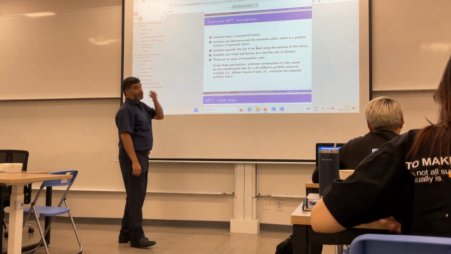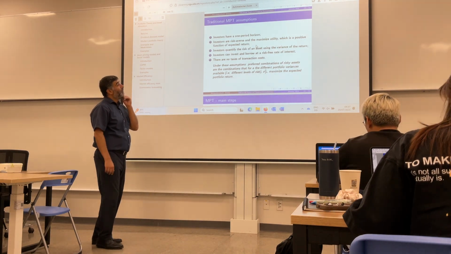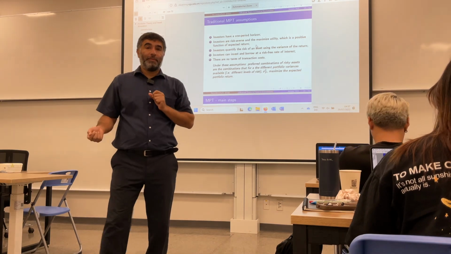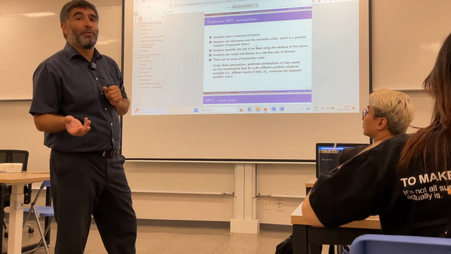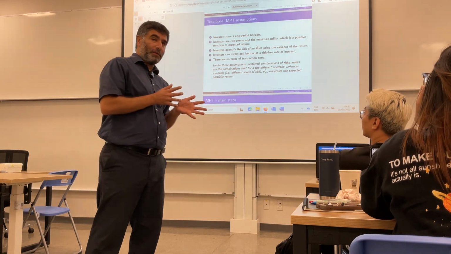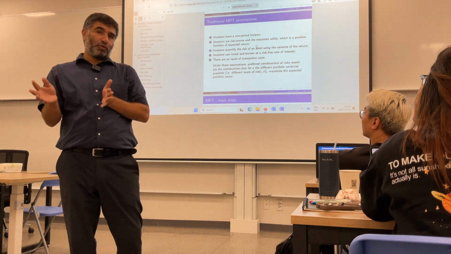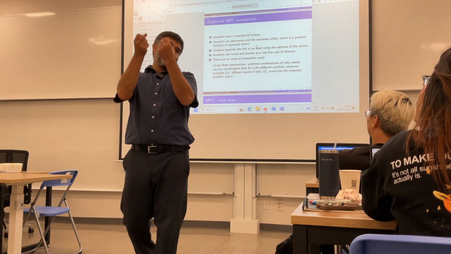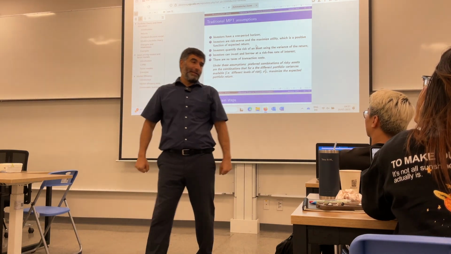So here the assumptions are that we have a one-period horizon. If you have multiple horizons, then it's not a problem, but you have to take into account that after one period things may be reshuffled, so you have to pay some more fees.